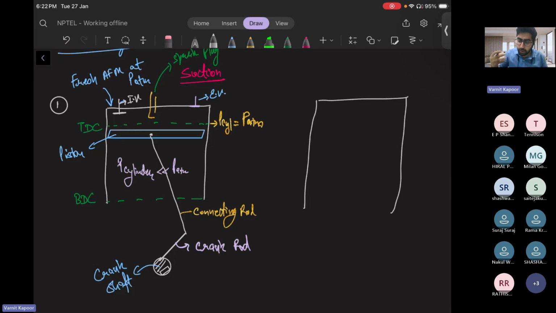Okay. Now, as soon as all the air fuel mixture has entered, your piston has moved down till bottom dead center, from top dead center to bottom dead center, and you have a complete air fuel mixture inside it. Okay, and your walls are like this.